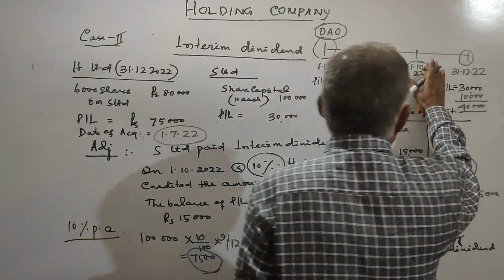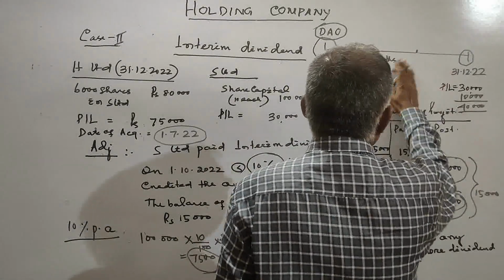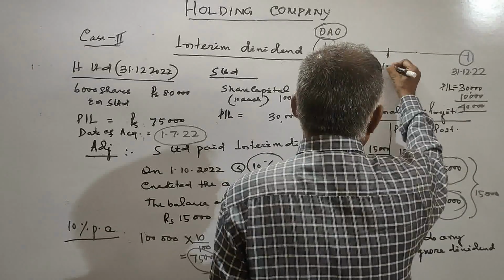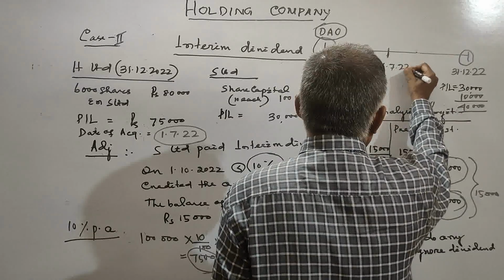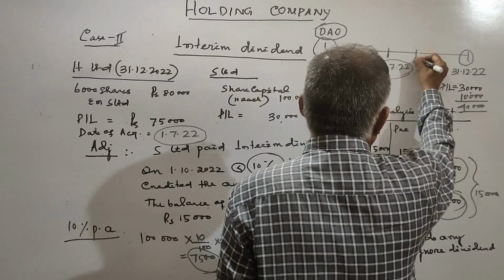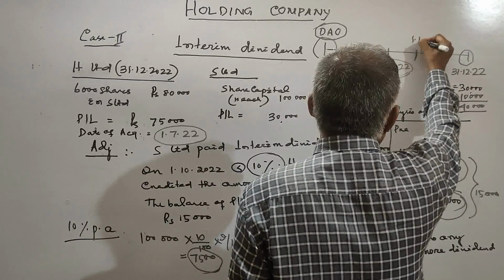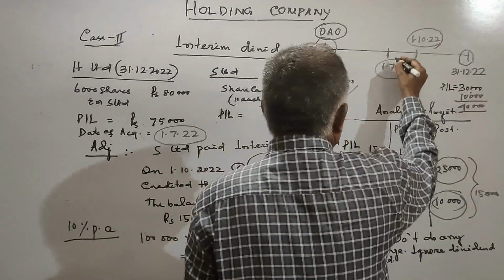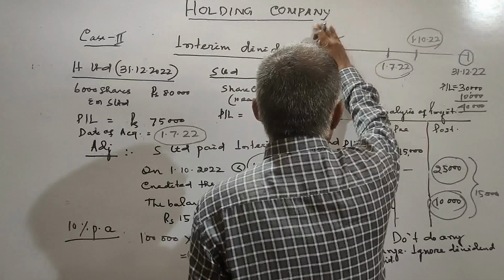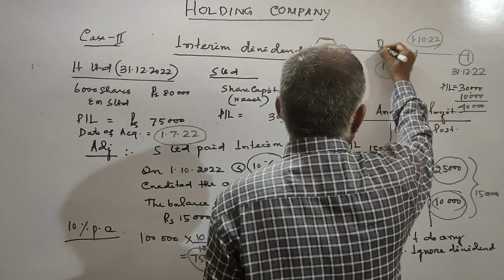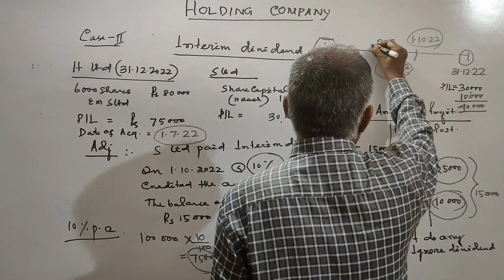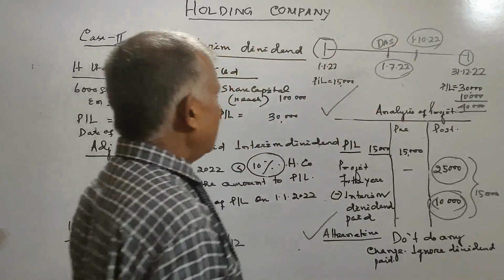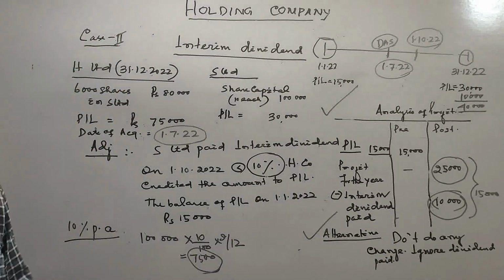Just see what will be the change here. Please keep in touch. This is your 1/7/22, and the dividend is paid on 1/10/22. This is the date of payment of dividend. This is your date of acquisition of share.